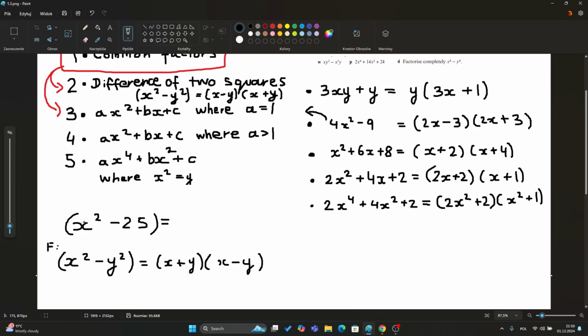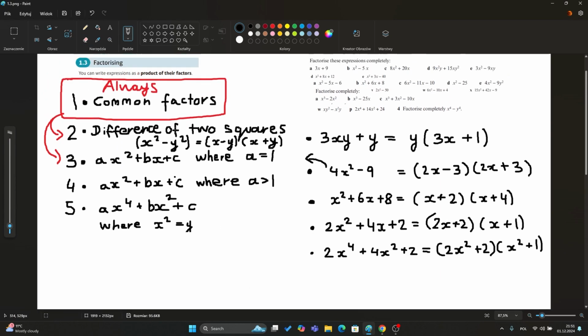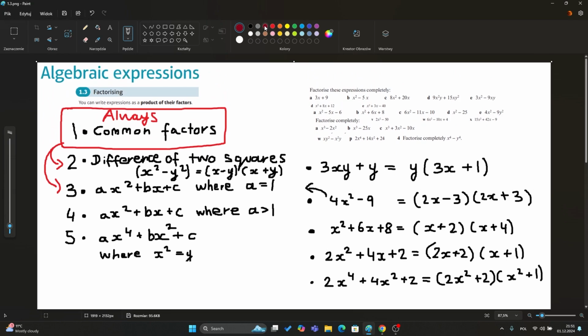Then we look at this and we see that x is squared and 5 is squared, therefore x minus 5, x plus 5. And that's it. That's what difference of two squares is. We just use the following formula to see if two negate each other and are squared. If they negate each other and they are squared, then we can put them into smaller chunks like here.